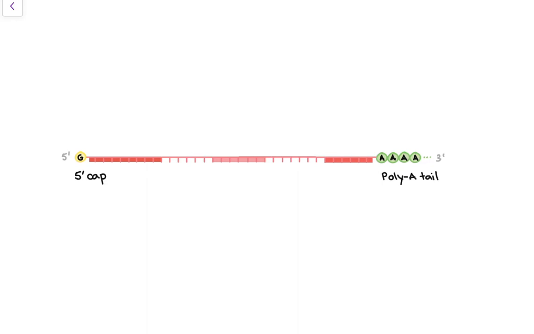The first thing that happens post-transcription is we can see two things here. And you can see we've got 5' up at this end and 3', and that's talking about the direction of the RNA strand. And so you can see we've got this G. So this is a 5' cap. We'll have a look at what type of cap it is, because it's a G, it gives you a clue.